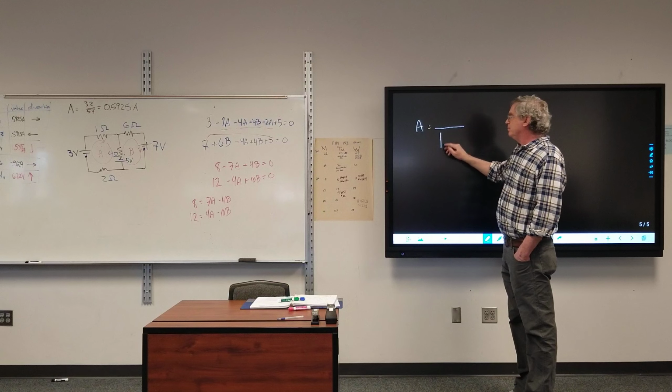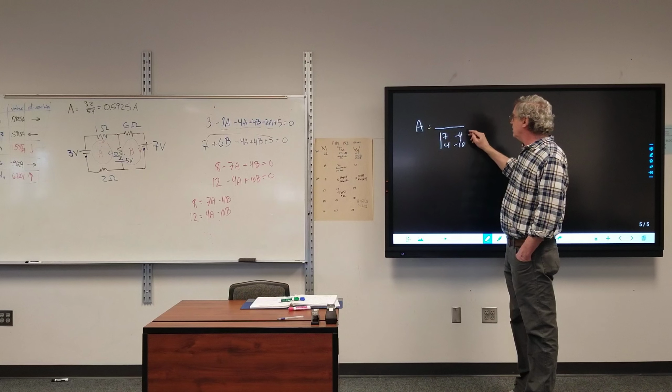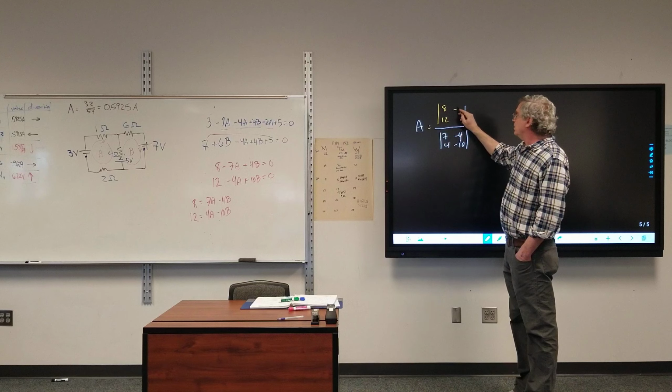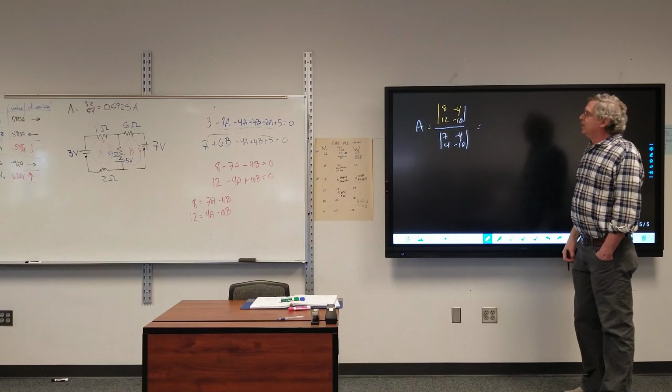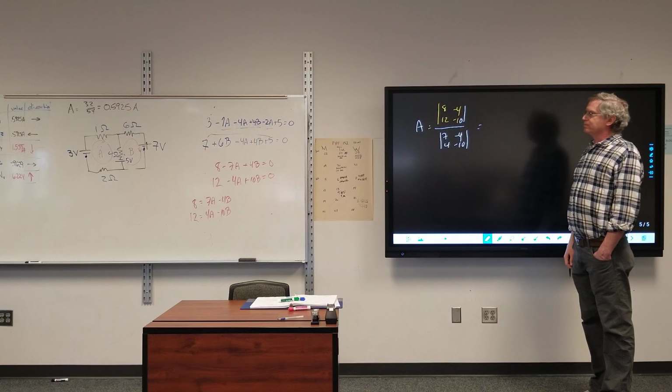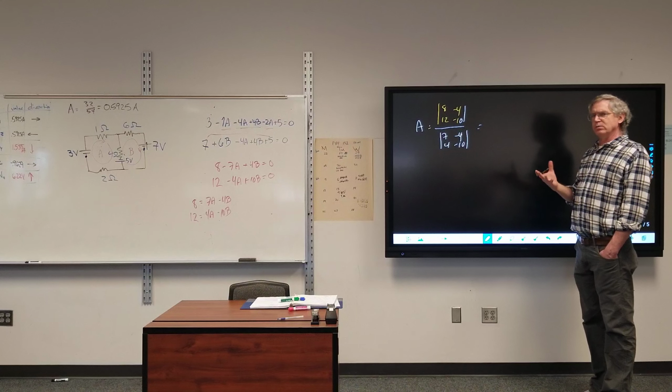My denominator: 7, 4, negative 4, negative 10. And my numerator: 8, 12, negative 4, negative 10. It feels like it should be somewhere around 0.592.